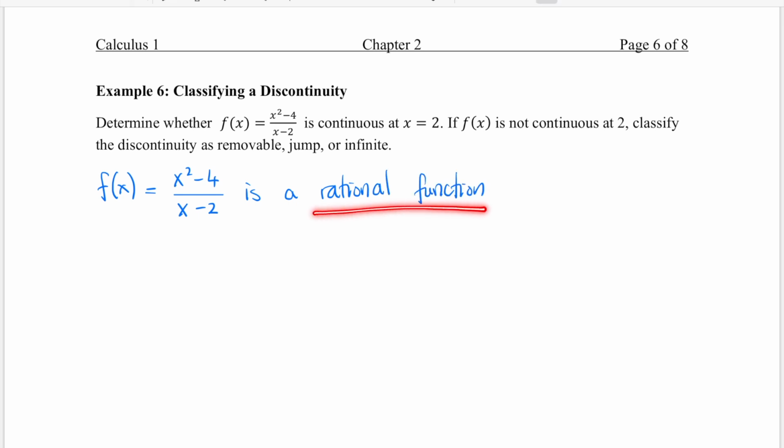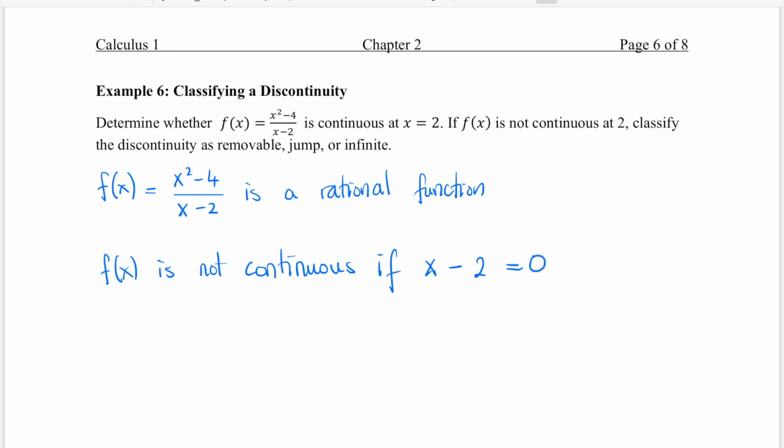A rational function is continuous everywhere except where the denominator equals 0. That means if x minus 2 equals 0, my function f of x will not be continuous. If x minus 2 equals 0, that means x equals 2.